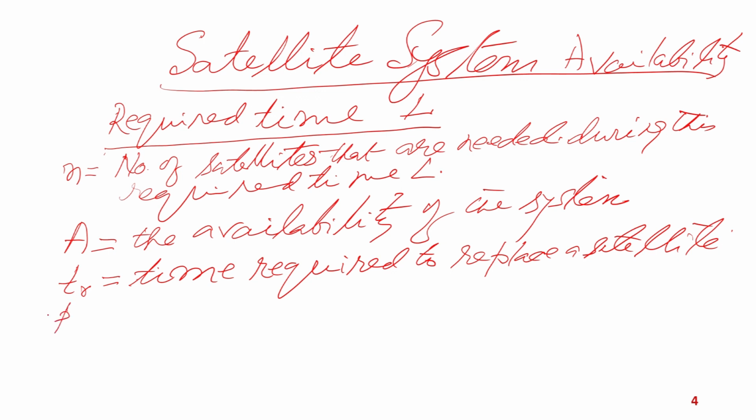Whenever we launch a satellite, there is a probability of whether the launch will be successful or will fail. So, we will define P as the probability of successful launch.